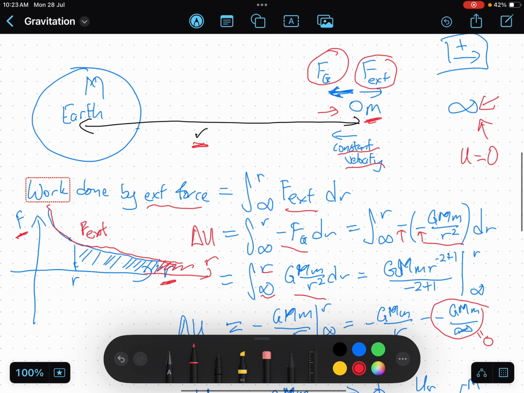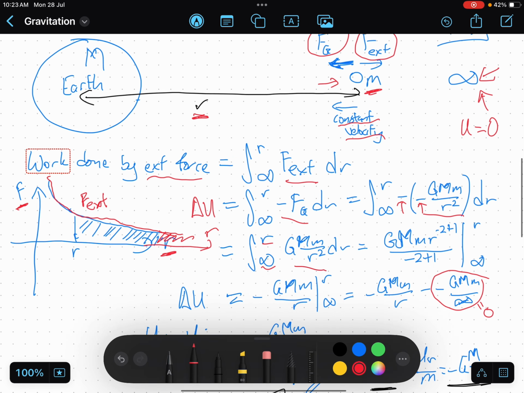When you do the integration, you realize that G, M and m are constants. So r to the power of minus 2, you add 1, then you divide by minus 2 plus 1. That's how you do integration. Then you will get minus GMm over r. This minus sign comes from the bottom here, because of this minus 1. The r becomes power minus 1, which means there's 1 over r.